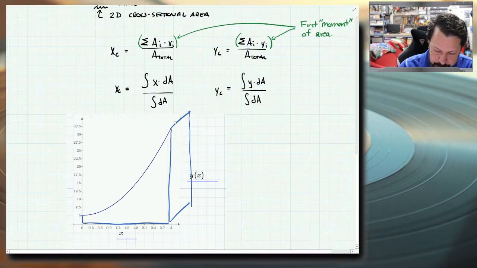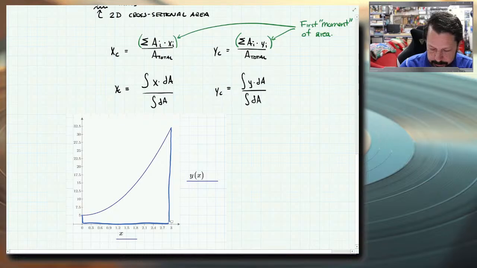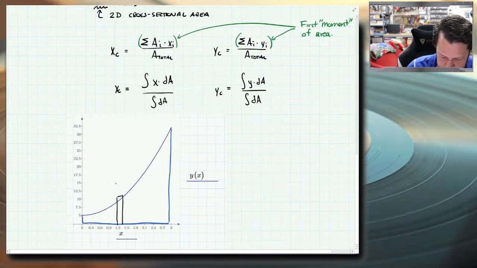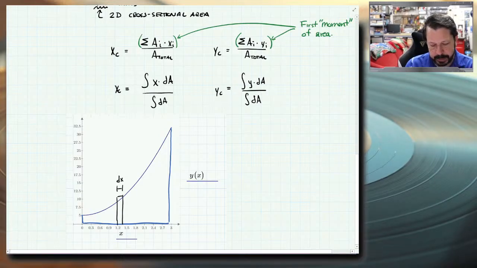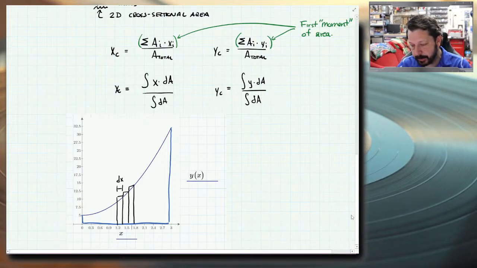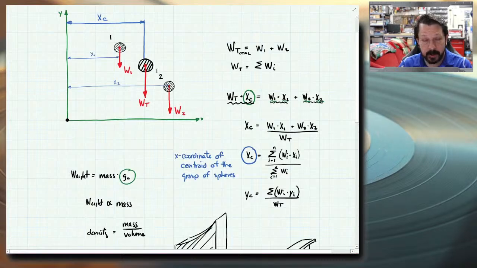So how are we going to integrate this? What we're going to do is pick a stripe, either a vertical or horizontal stripe. We'll either pick this kind of stripe, where this distance is dx, and we integrate from x equals 0 to 3, and so we would end up adding all these little strips together, very similar to how we added all these circles together, except now they're differential strips, so they're infinitely thin.